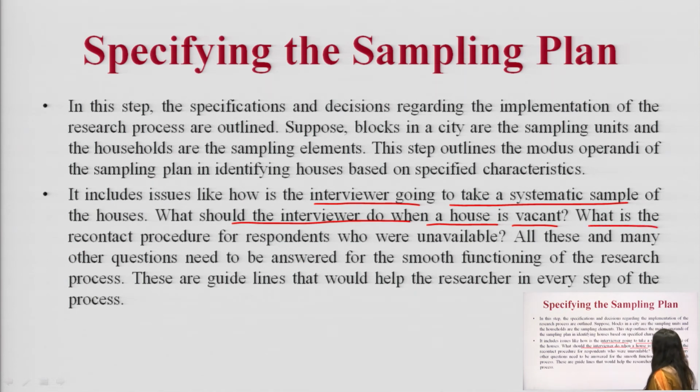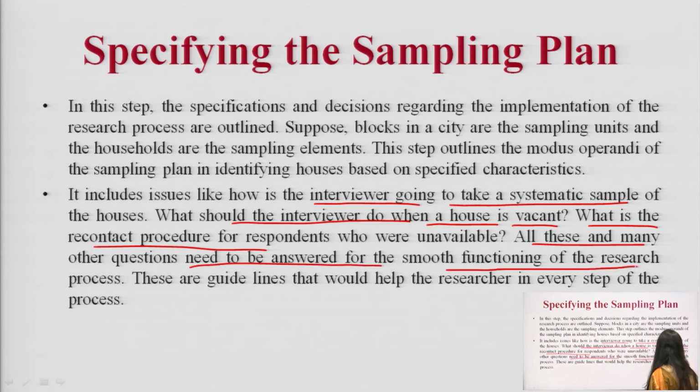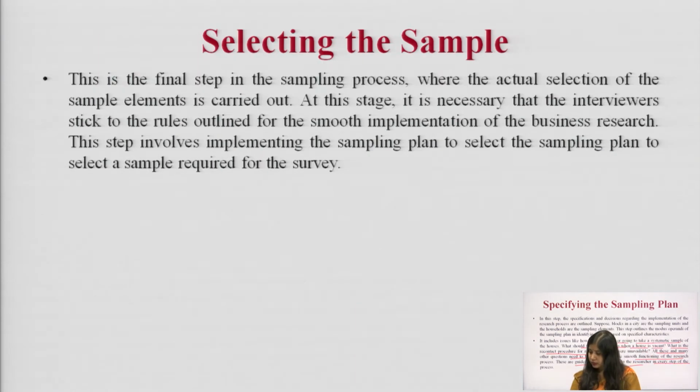Then what is the reconnect procedure, meaning if you are not able to contact the respondent, how are you going to reconnect with them, and those who are unavailable? These and many other questions need to be answered for the smooth functioning of a research. These questions should be answered in your sampling plan, which is basically the guideline that will help the researcher at every step of the process.